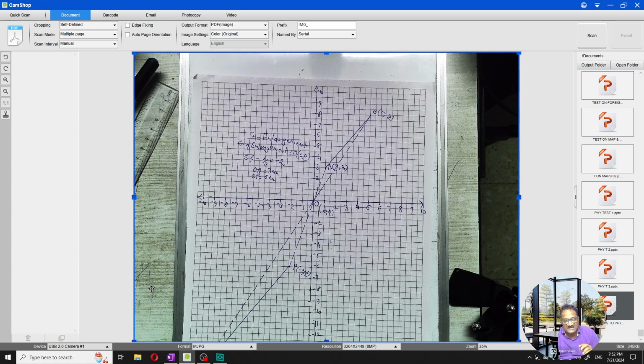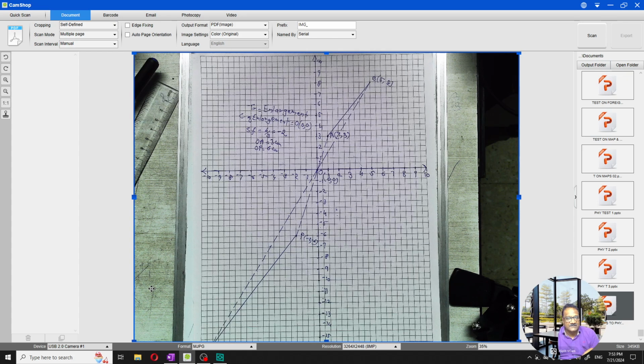So these are the things that you have to mention in your answer. That was the answer for question number 3, which was based on transformation, and it was a very tricky question. This is how you have to answer the question for the IGCSE. It was not that easy to get to the answer.